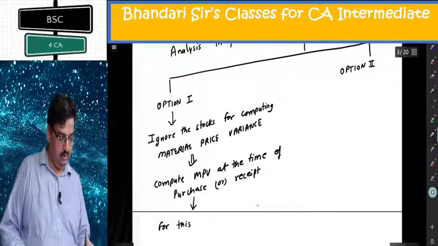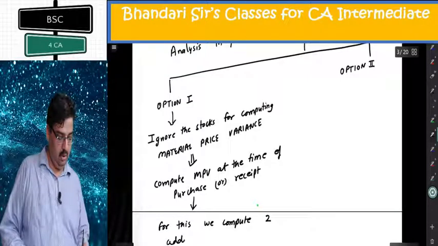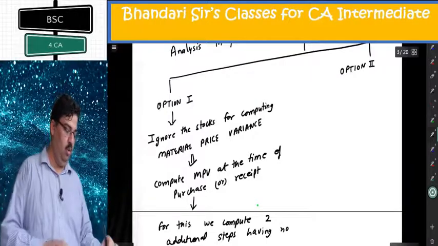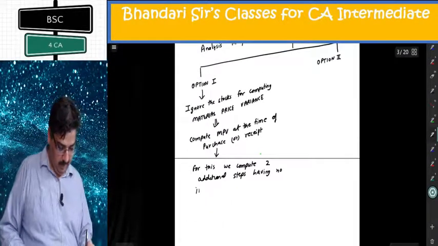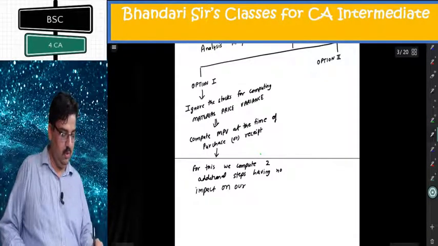We compute two additional steps having no impact on our normal table.